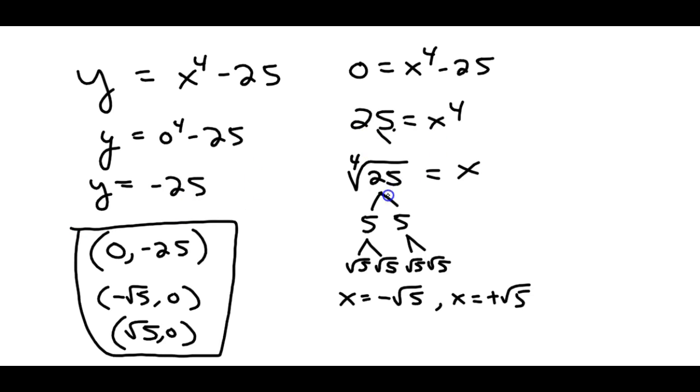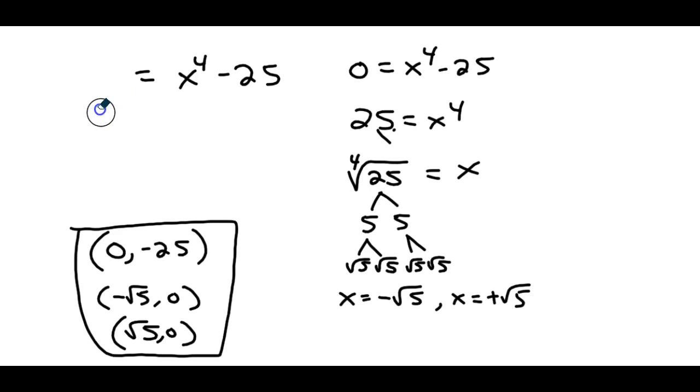Now, this might be kind of confusing for some students, so let's look at just one more way that you could get the 4th root of 25. You can look at this as an exponent. Remember, the square root of 25 is the same thing as 25 to the 1/2.